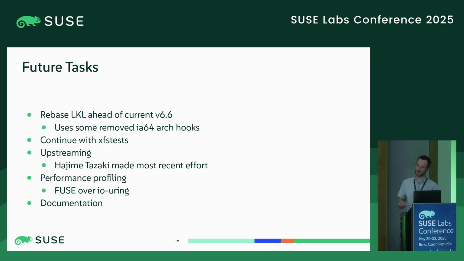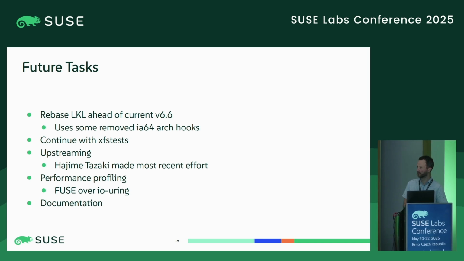But since then, we've also had interest from others in file systems teams within the kernel community. So we're hoping that with interest from other groups, we can eventually get some sort of upstream acceptance in bringing it forward. On performance, they were very early preliminary numbers, so a lot more profiling and benchmarking is needed.